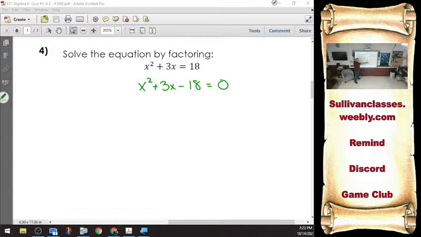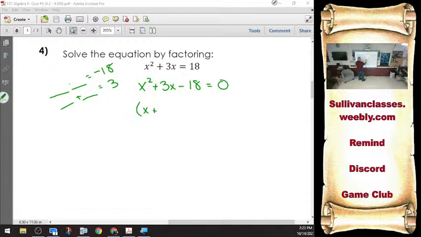So then you keep going down the train, and you run into our A and C perfect squares. Are A and C perfect squares? No. 18 isn't, no. Is A equal to 1? Yeah, okay. So now I just get what times what equals negative 18, but adds up to my B term, 3.